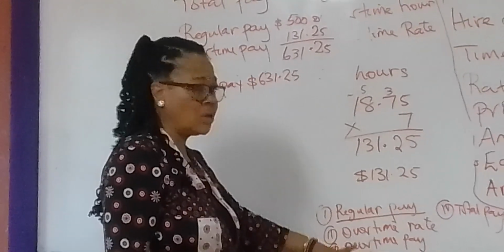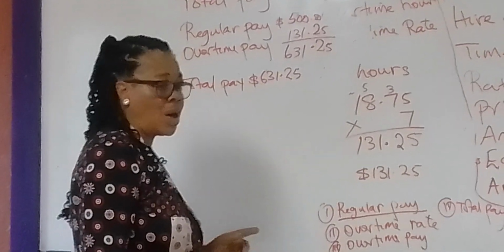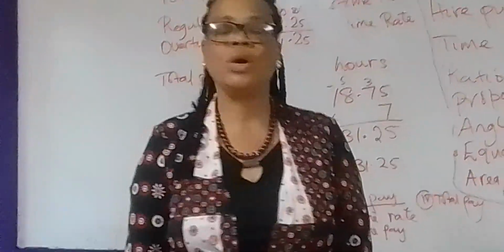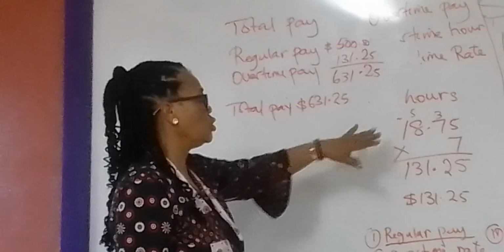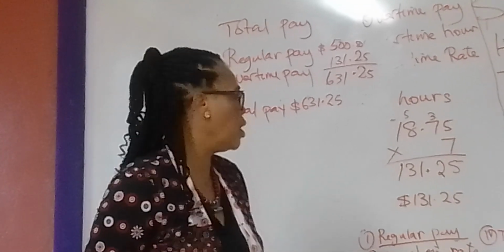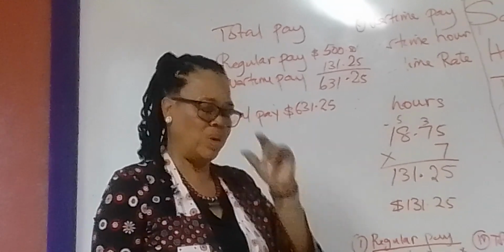Then, to find his total overtime pay, we take his overtime hours, which in this case was 7 hours, and multiply by his overtime rate, which we worked out to be $18.75, and that gave us his overtime pay for the week.